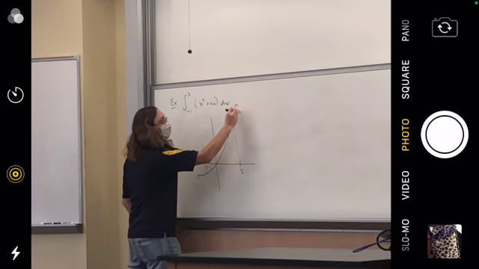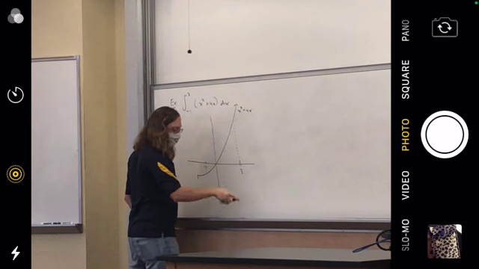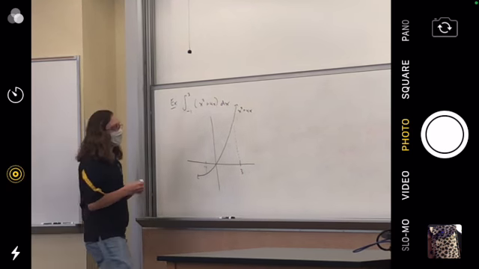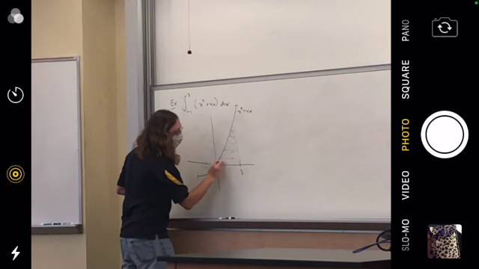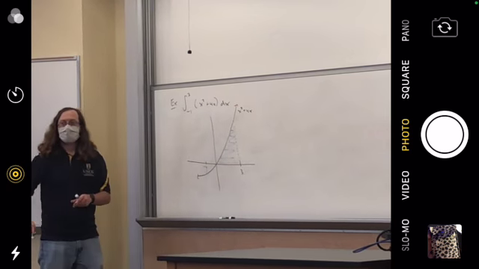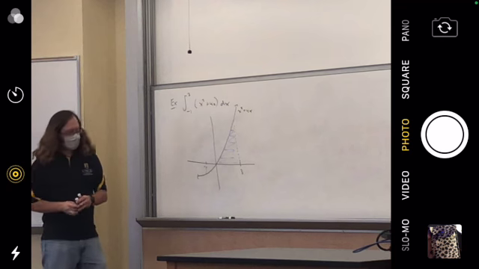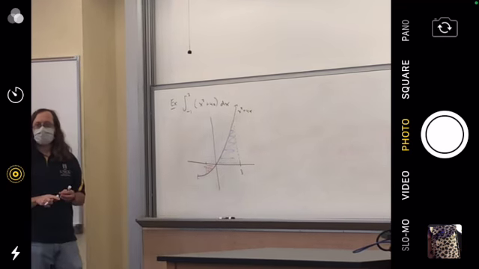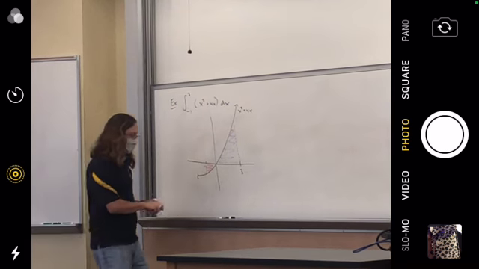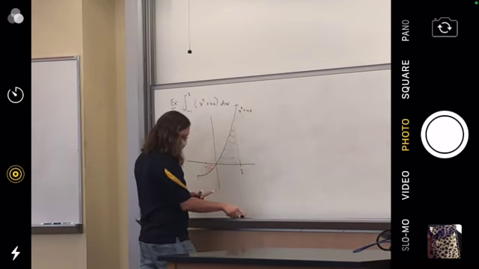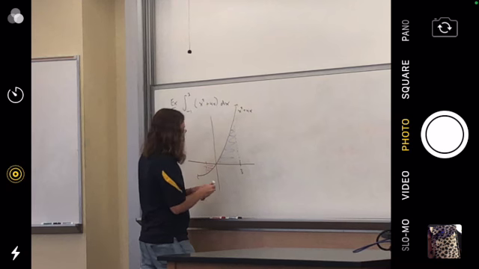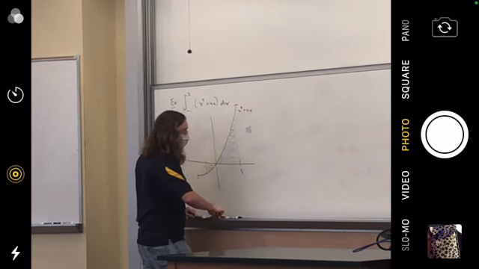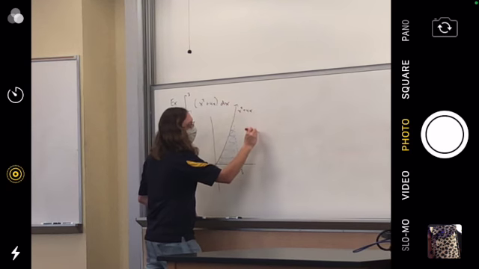So this is the function x squared plus 4x. Which means what? From here to here, I'd get a positive number. From here to here, I'd get a negative number. So my value would be this value minus this value.